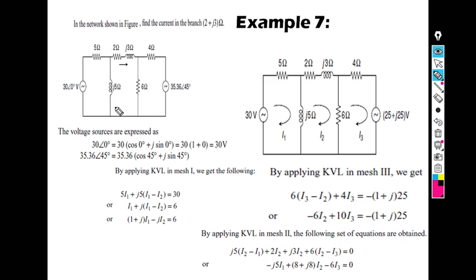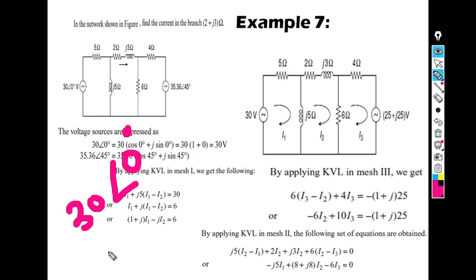So in this circuit, you can see that J5 is written. This is the rectangular form, A plus JB. If I take 30 angle 0, this is the polar form.